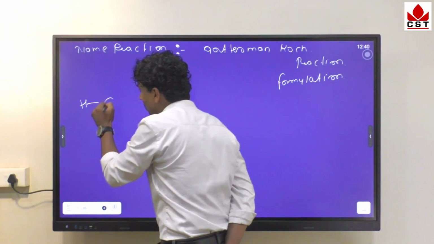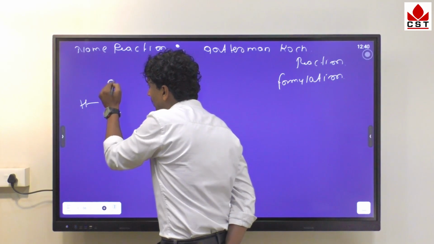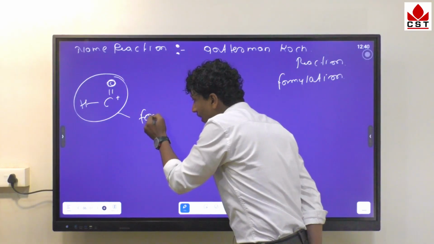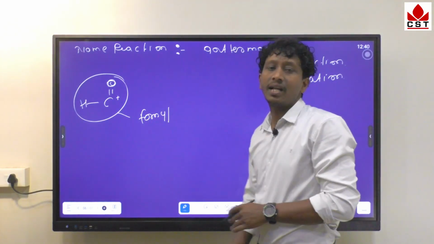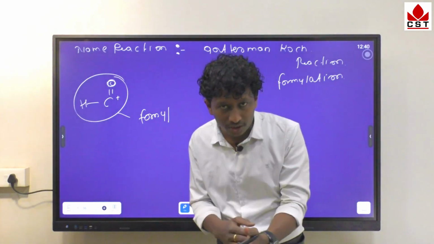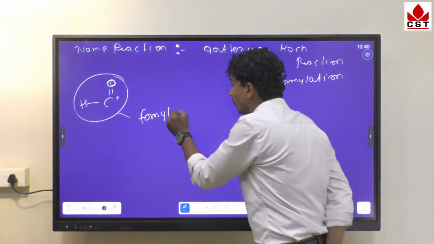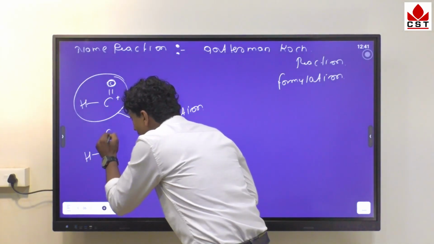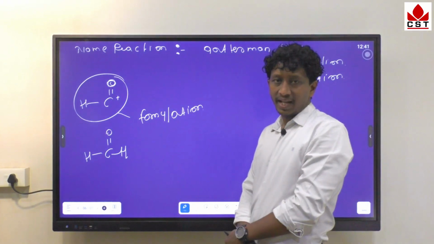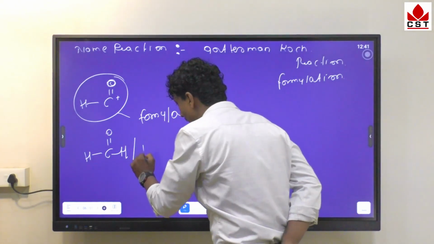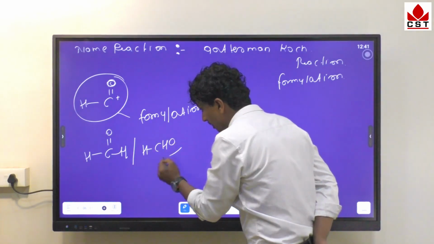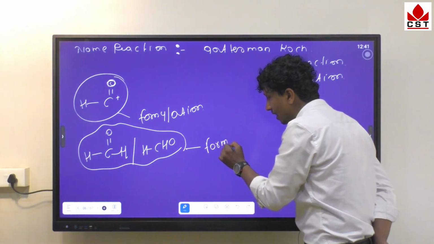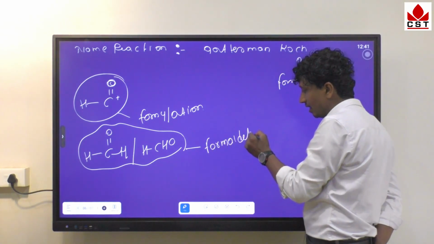Because in such a reaction, there is an introduction of a group, and that group is called formyl. The introduction of the formyl group into the reactant is called formylation, because in our chemistry, HC double bond O H is also given by HCHO, which is called formaldehyde.